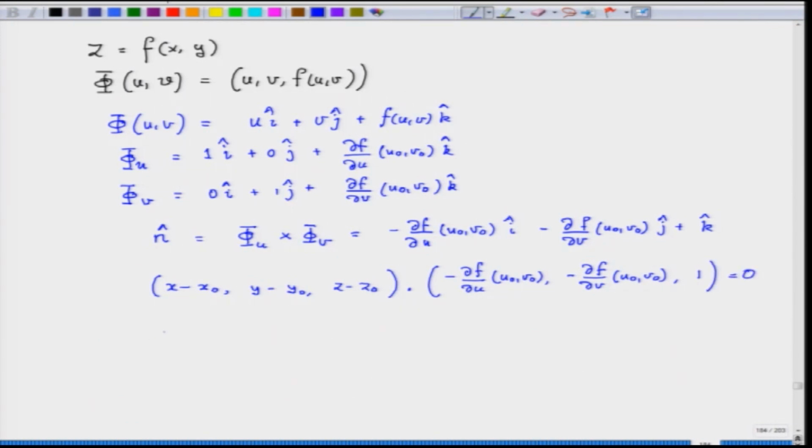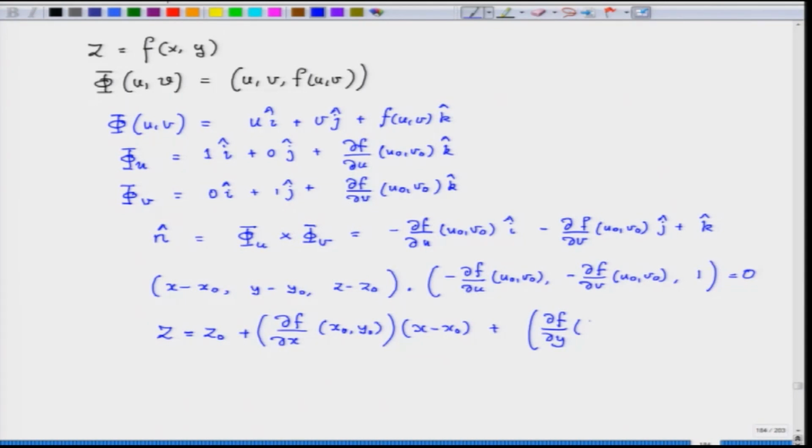That would finally give me an expression like this: z is equal to z0 plus, where z0 is the function value f of x0 y0, and because u is x and v is y, del f del x at x naught y naught, because u naught is x naught, v naught is y naught. This whole thing is multiplied with x minus x naught plus del f del y, because v is y.